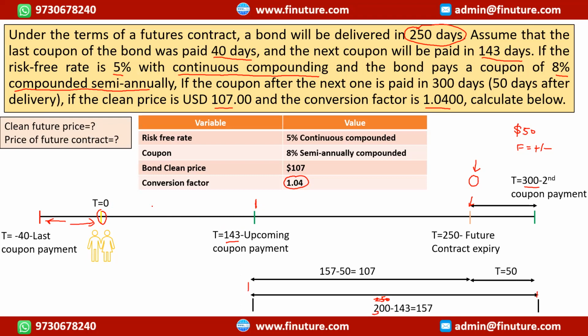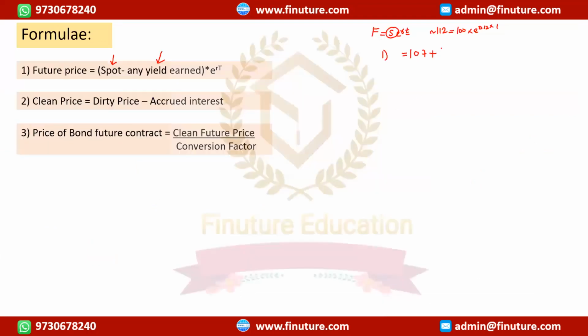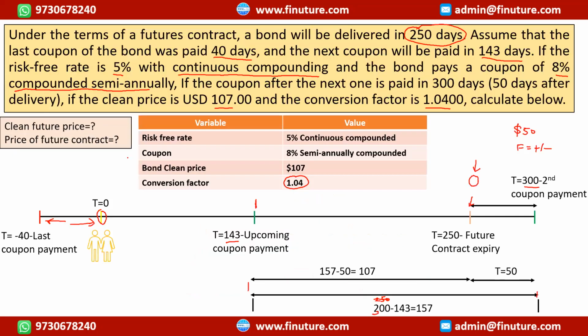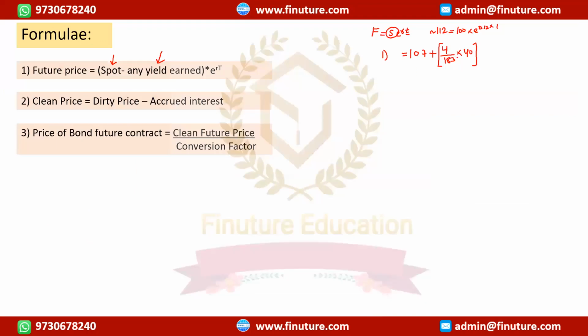So if $4 over 183 days, so for 1 day, it would be 4 over 183. I want to calculate it for 40 days. So this is a 40 days coupon for this time window. So it is this number.